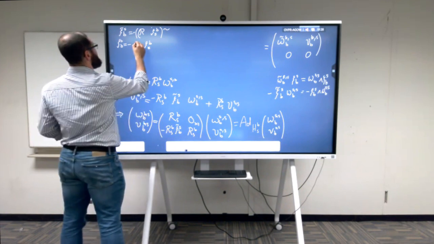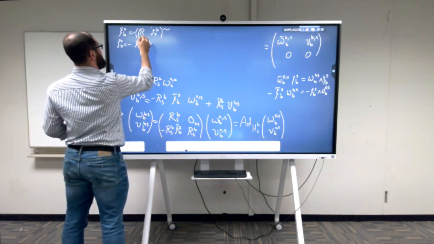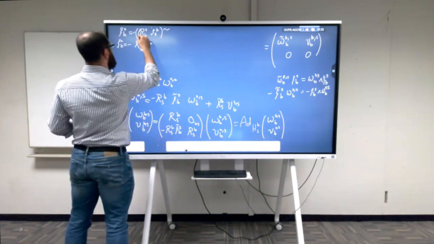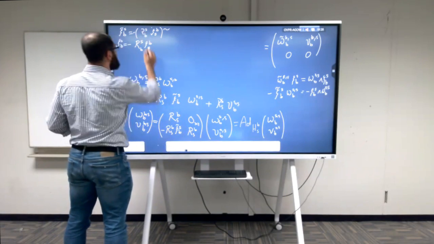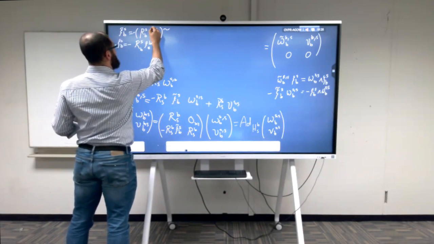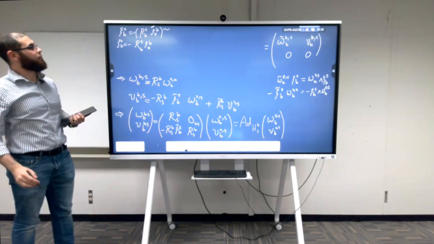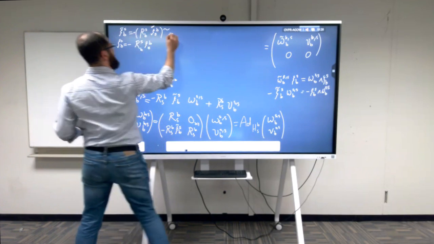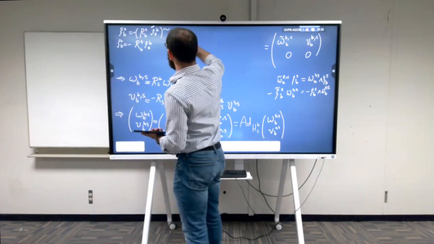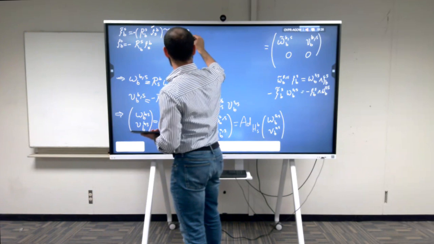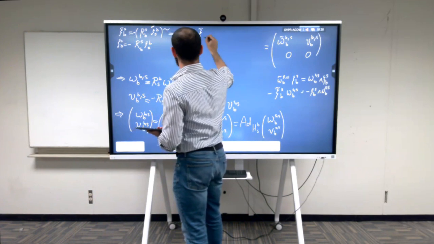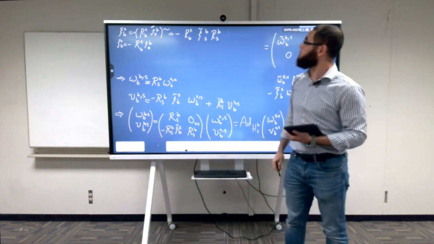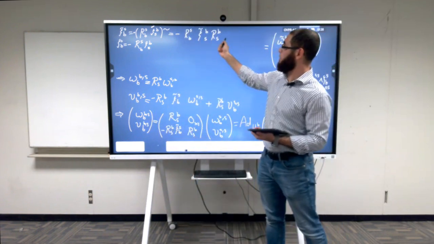Okay, I have 2 minutes. There's no dot here, so that's what we have here. Then we can use this expression, so we have a minus of R_BS, this guy, tilde, R_SB. So this is the expression that we have.